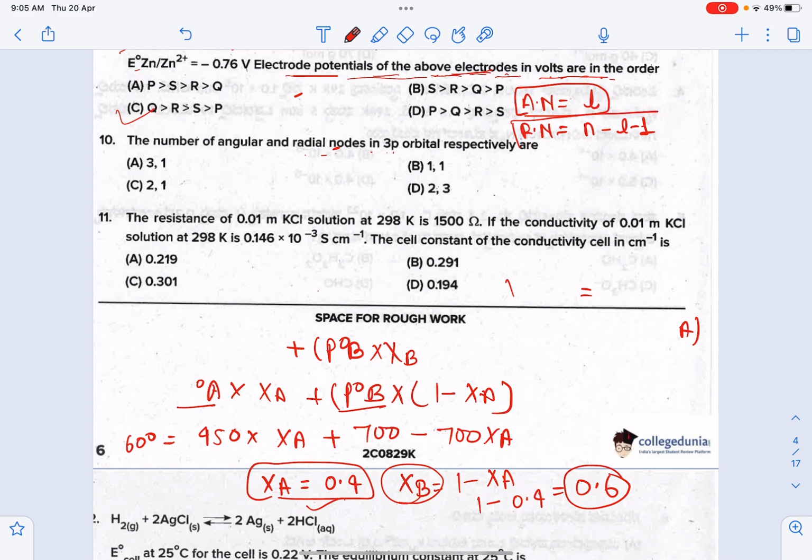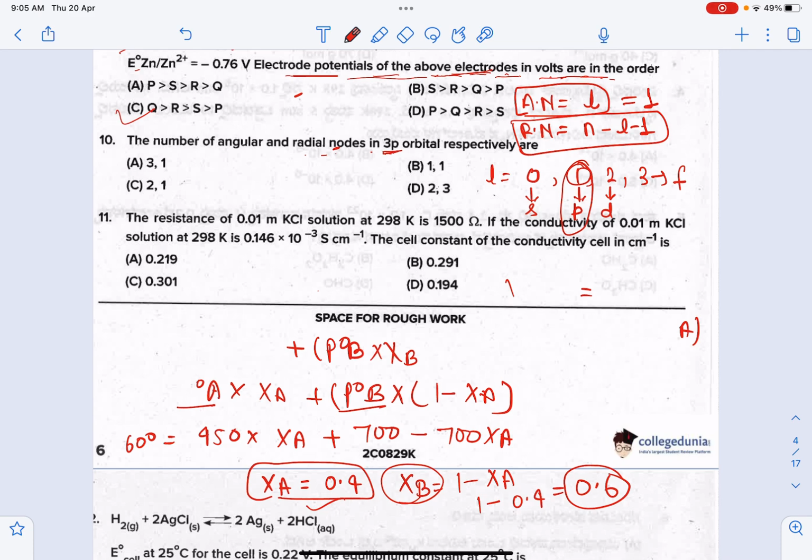This is the formula for the radial nodes. Now calculate the angular node, which is equal to L. As we know, L has values 0, 1, 2, 3: 0 for S, 1 for P, 2 for D, and 3 for F. Now here 3p is given, so for P the value of L is 1, so the angular node will be 1.